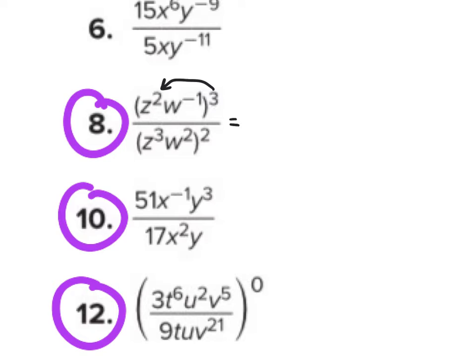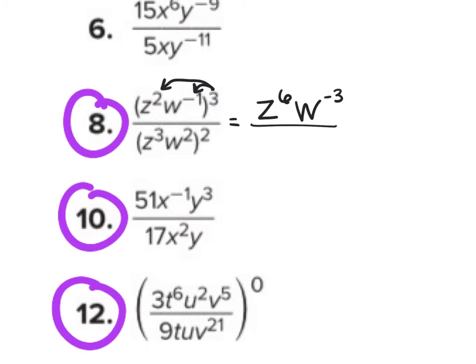Do I add or multiply? Multiply. So z will now be z 2 times 3, which is z to the 6th. And then w, negative 1 times 3 is w to the what? Negative third.